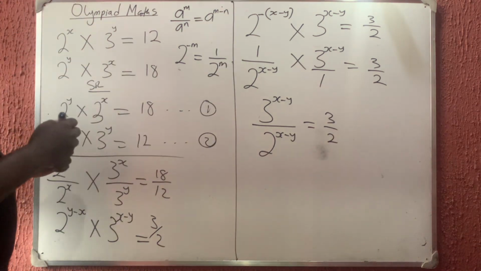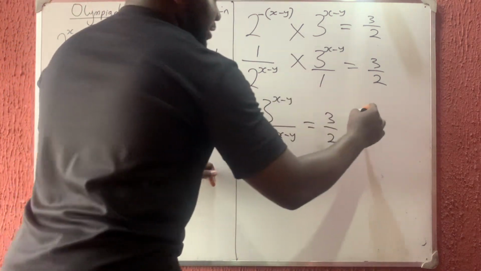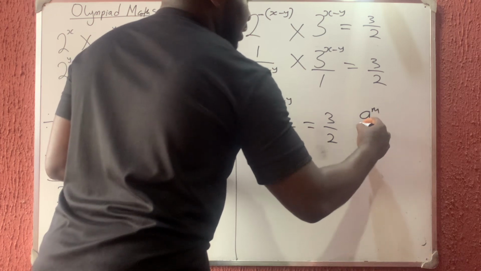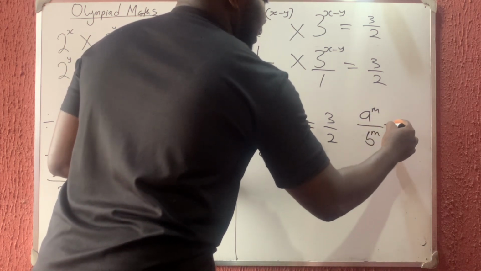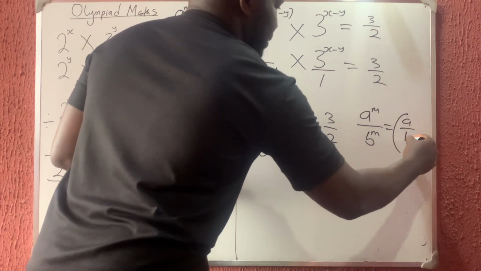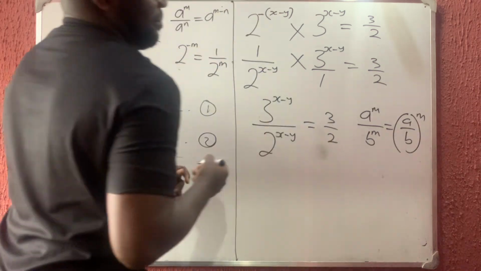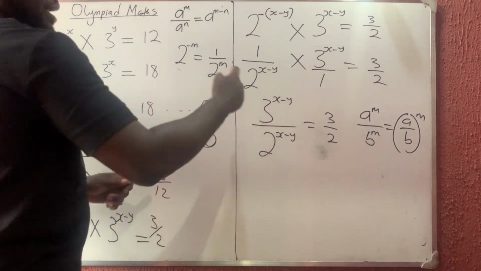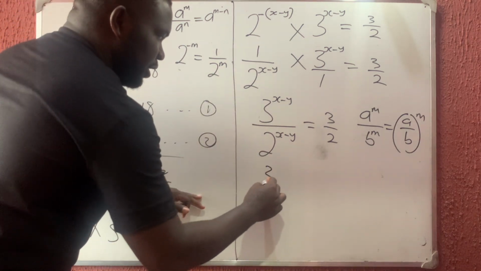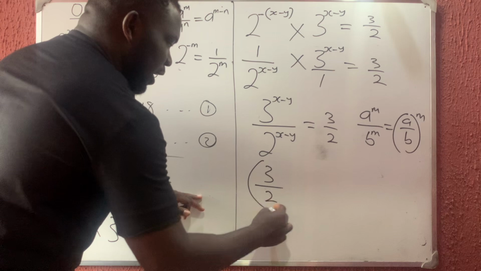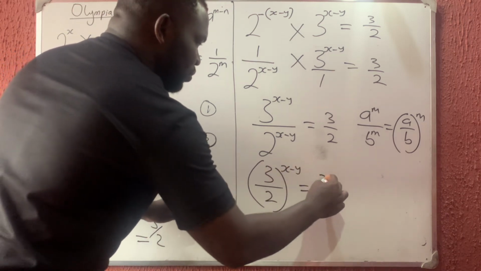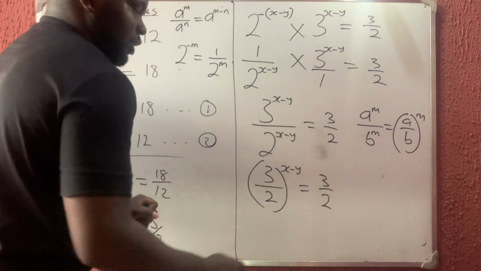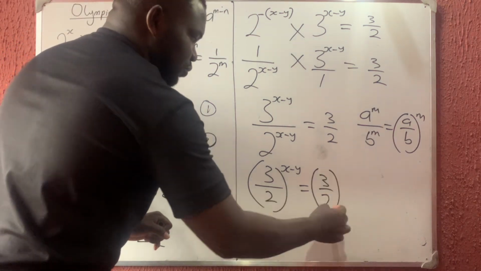Let's apply the law of indices again: a raised to power m divided by b raised to power the same m can be written as a divided by b, then everybody raised to power m. So this is the same as 3 over 2, then everybody raised to power x minus y, is equal to 3 over 2. And 3 over 2 can be written as 3 over 2 raised to power 1.